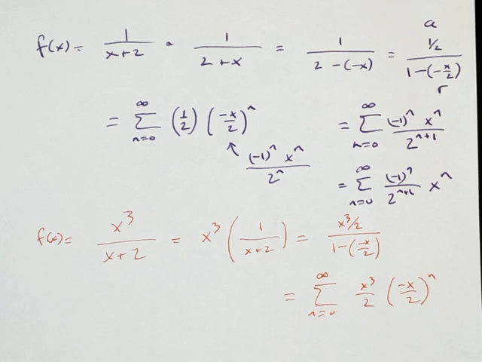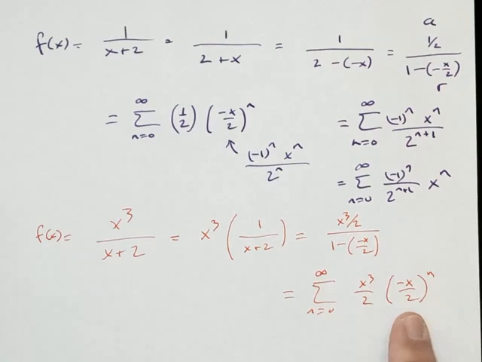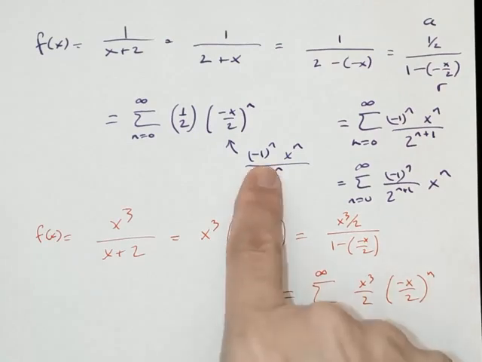Now here's why I took stuff apart. Because I don't like having 2 different places where x is in this series. I really only want 1 power of x. But by doing this algebra, I know what happens to this part when I separate those pieces.